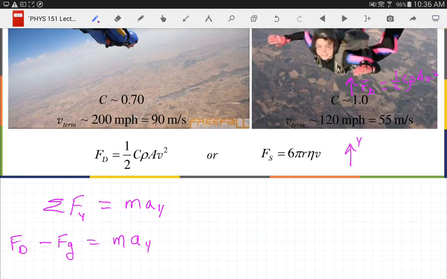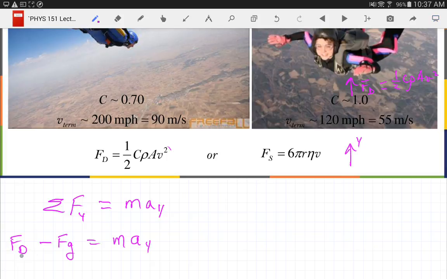If the 2 forces don't add up to 0, what's going to happen? We'll have an acceleration. So when she drops out of the airplane, or let's make it simpler, when she just lets her body fall over the edge of a bridge, then initially her speed is approximately 0, so the drag force is approximately 0. Her net force is going to be downward due to gravity, and she'll have an acceleration downward.